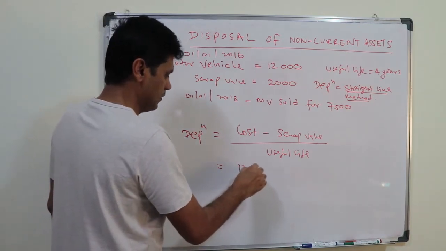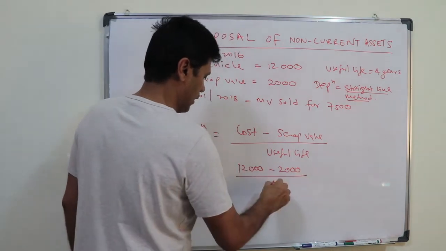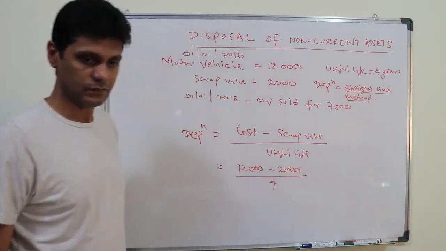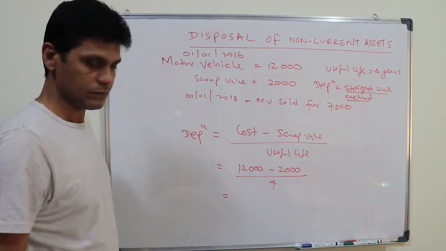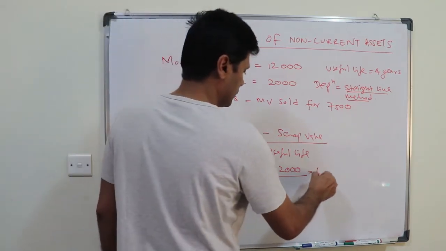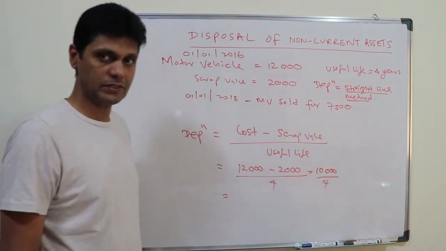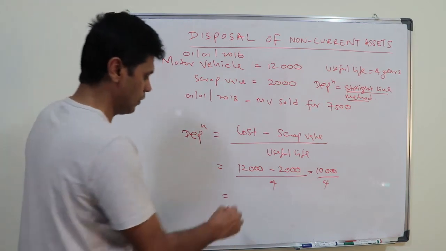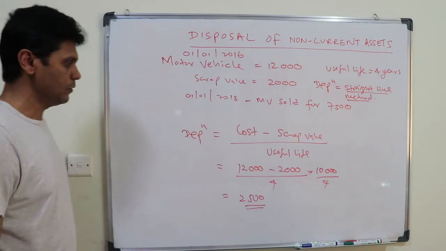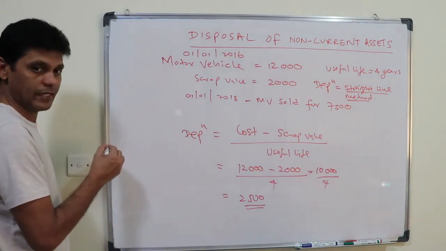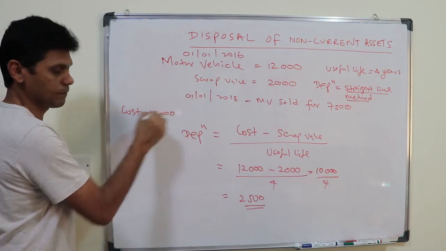Cost is 12,000, scrap value is 2,000, useful life is 4 years. So 10,000 divided by 4. How much is that? 2,500.